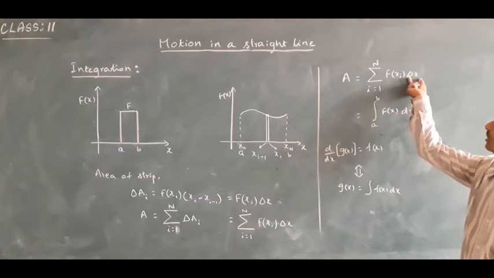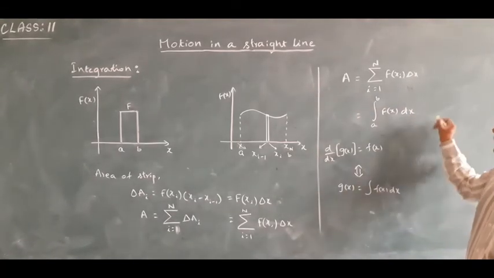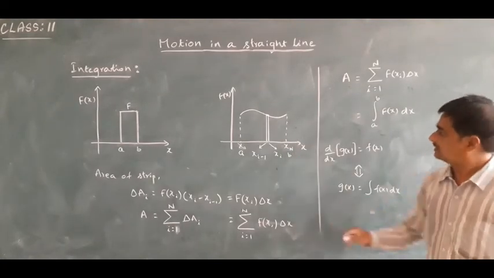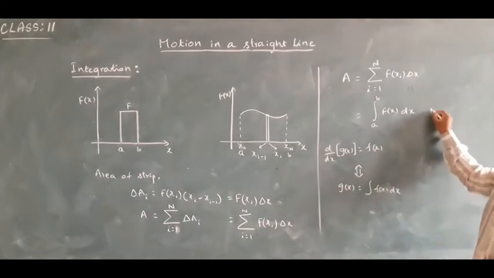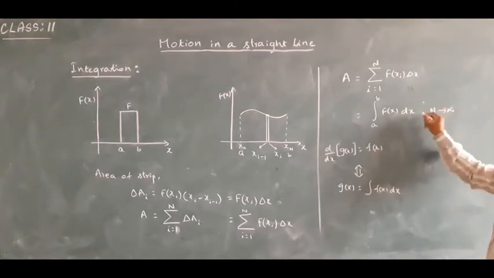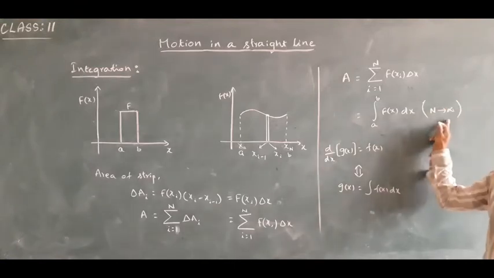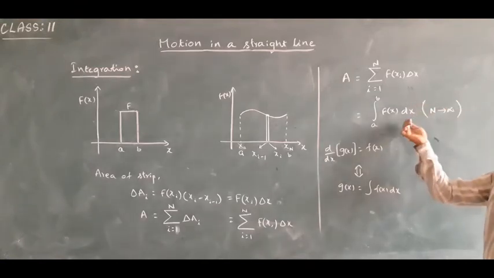It is so small. Here you have to remember that n tends to infinity, so large that we can write this as dx.